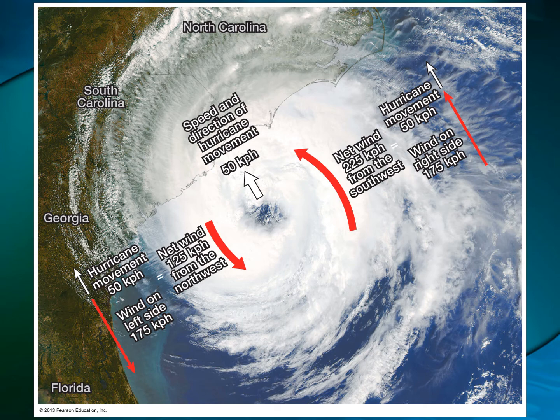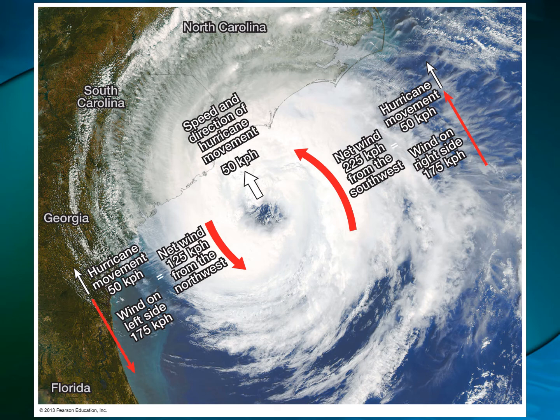Oh, never mind, the words are there, they give it away. Anyway, we've got North Carolina, South Carolina, and Georgia. As bad as it is to have landfall right there where you live and to experience the eye wall, in general, the northeast quadrant is the most dangerous.